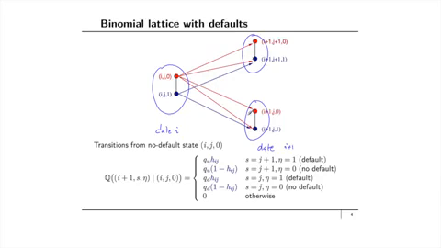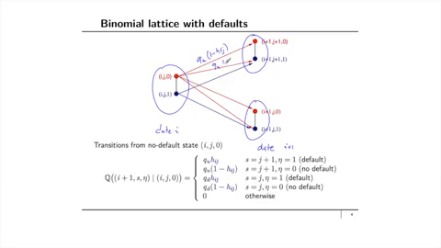So what are the transitions out of the state ij0? This is the state where the interest rates are in state j, the date is i, and the bond has not yet defaulted. Then, with probability Q_U, you can go to state j plus 1. At that point, there are two possibilities. Either you can default or you do not default. So up here, it's Q_U times 1 minus H_ij is the probability that you go to state j plus 1 without default.